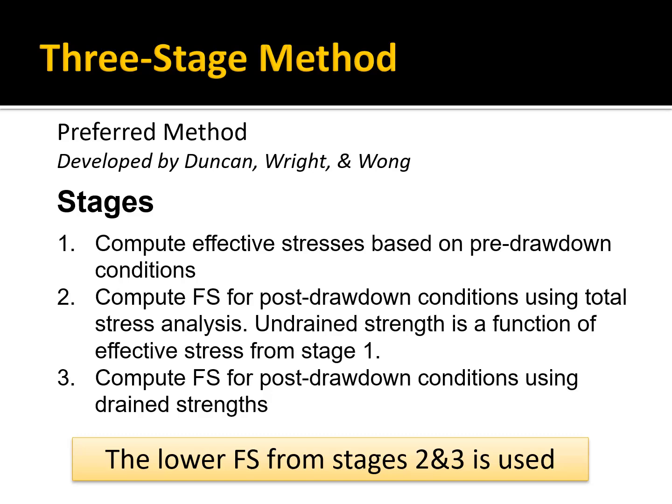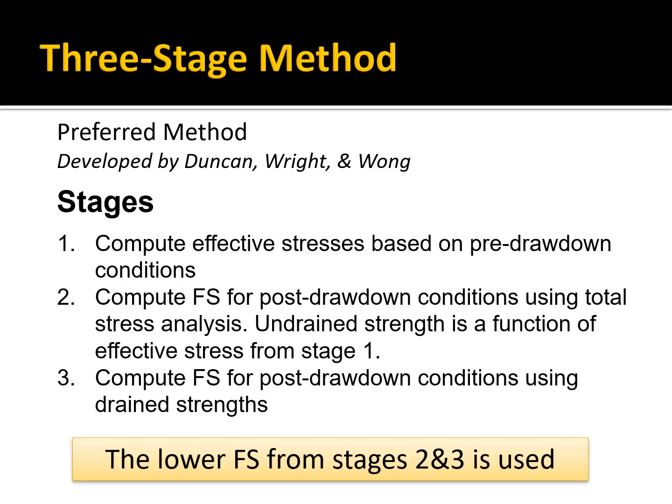Then, using that, you compute the factor of safety of post-drawdown conditions using a total stress analysis. The geometry of the slope is such that the water is lowered, the soil is fully saturated, it's still heavy, you don't have the buoyancy effect. Furthermore, the undrained strengths you use along each slice of the failure surface are a function of the confining stress.